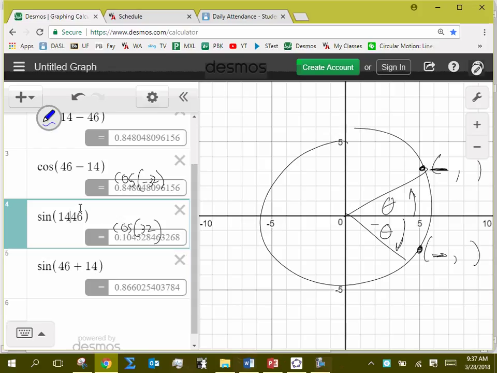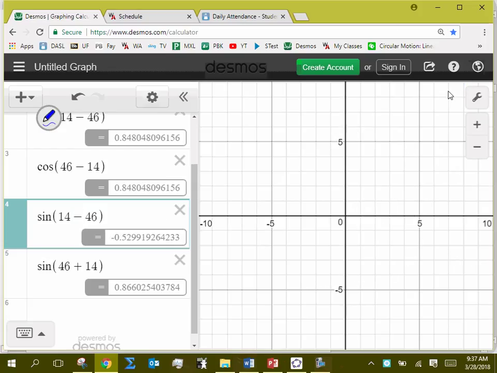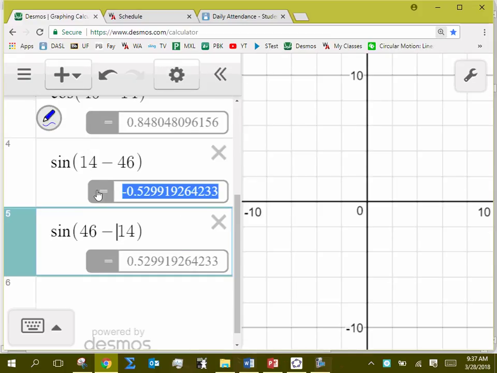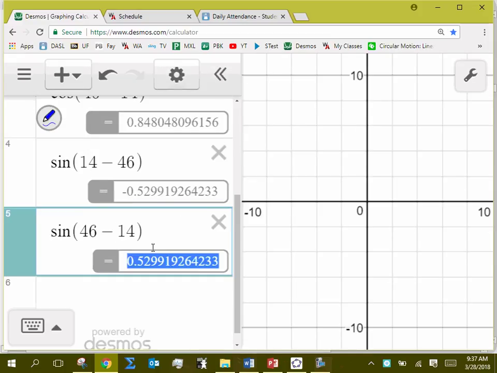If I go minus 46, so that's sine of negative 32, right? And this would be the sine of positive 32. Are those the same? No, because of the even-odd idea: this one is below the x-axis, so the y value is negative. This angle is above the x-axis, so the y value is positive.